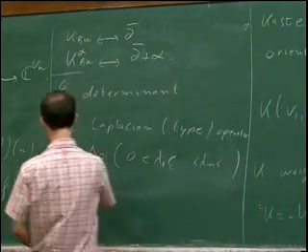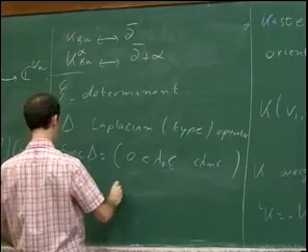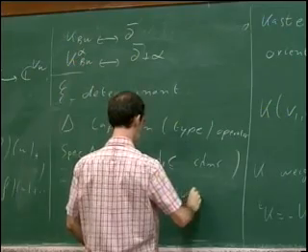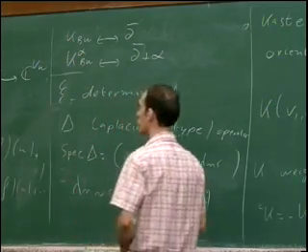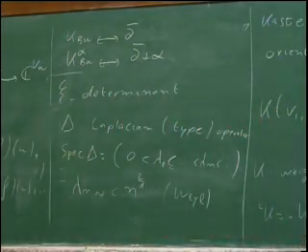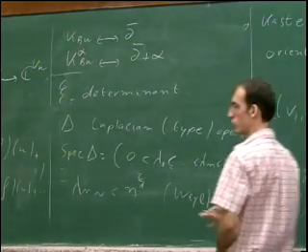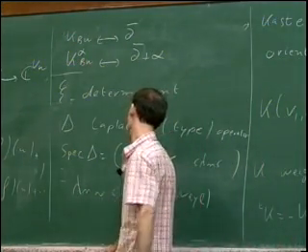More precisely, you've got the Weyl asymptotics: lambda n goes to infinity like a power of n, 2 over d, where d is 2, and the constant depends on the volume of your manifold.